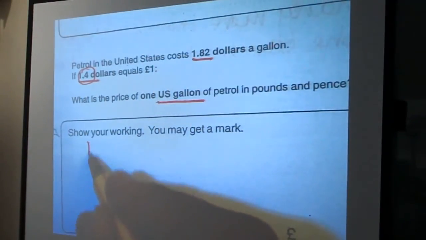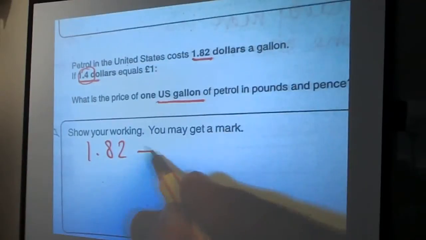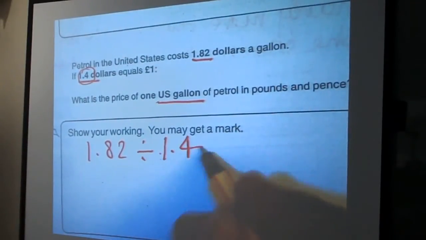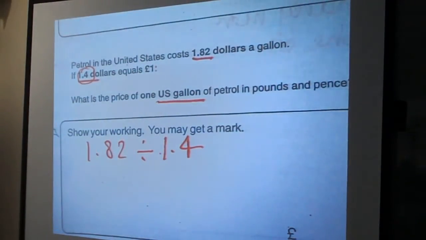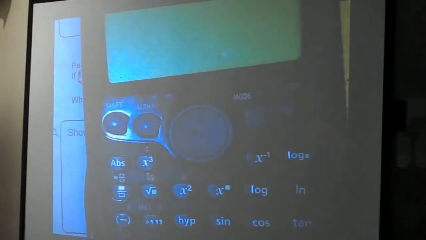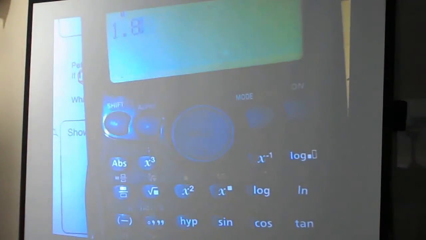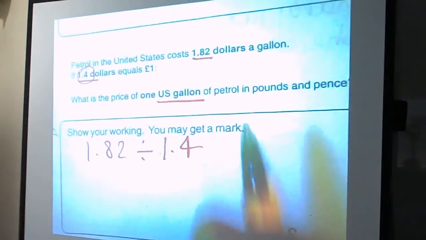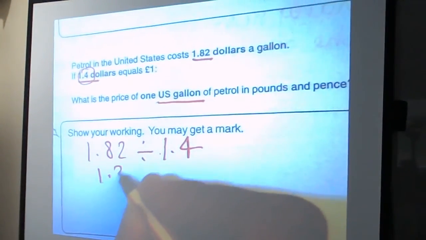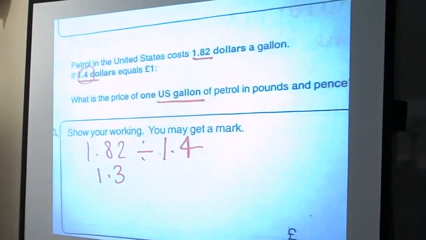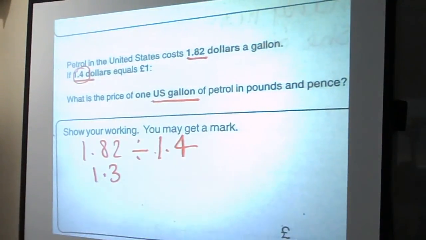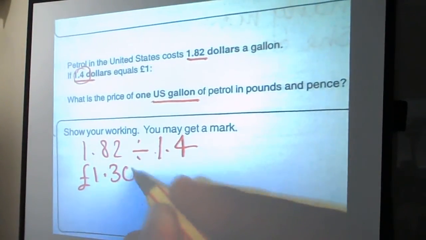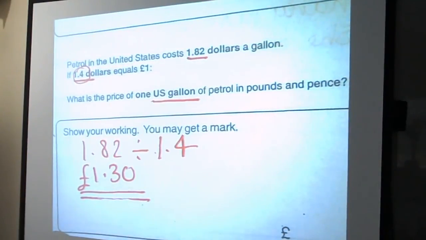So the calculation we need to do is 1.82 divided by 1.4. So everybody on your calculators, 1.82 divided by 1.4, the calculator gives me 1.3. So the final answer for our question is going to be £1.30, written like that.